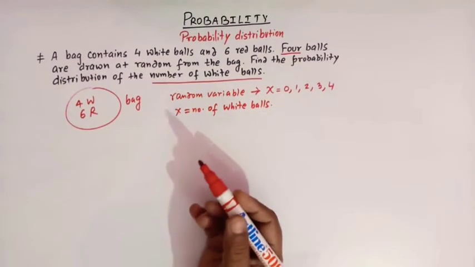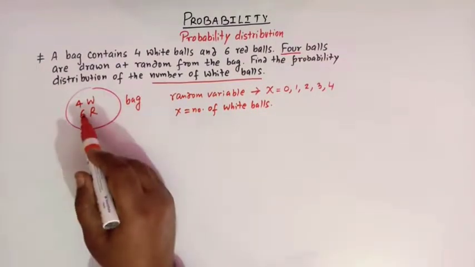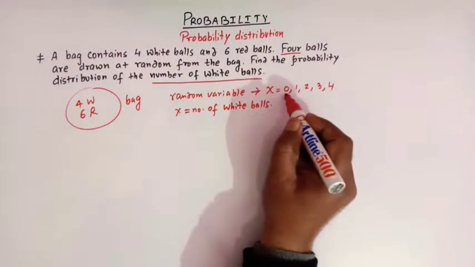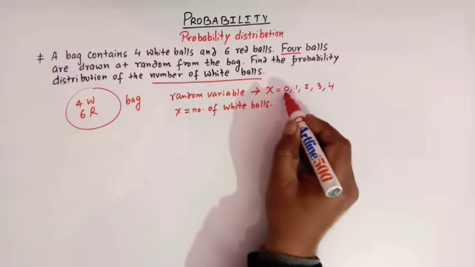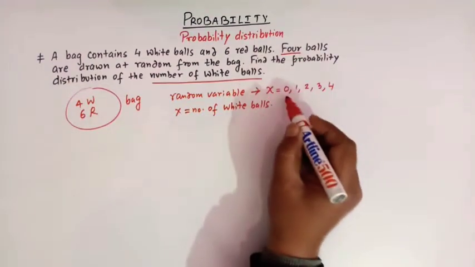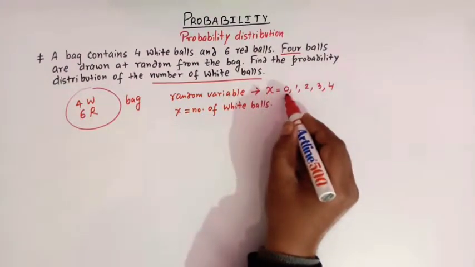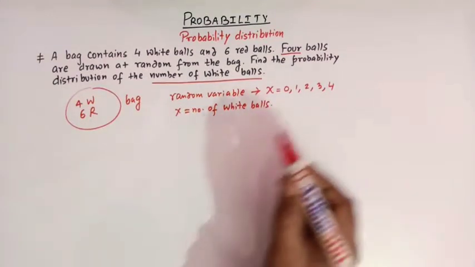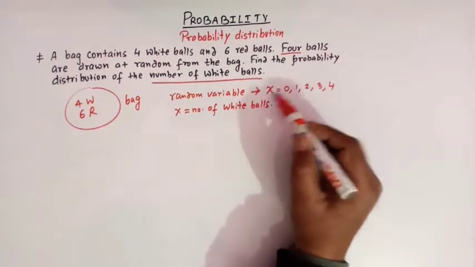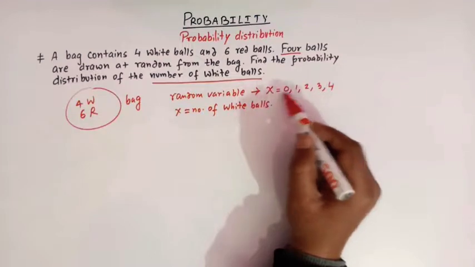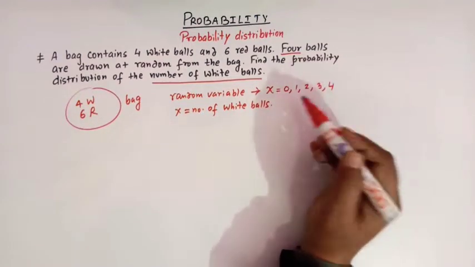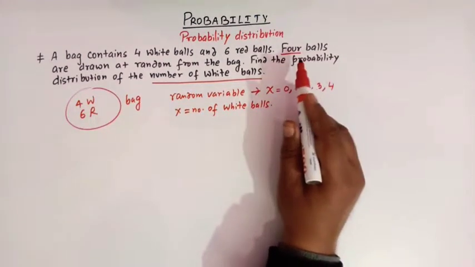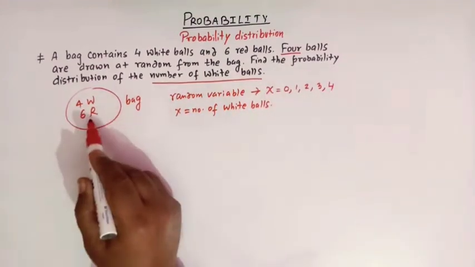So when we draw 4 balls from the bag, we may have none of the balls white. When none of the 4 balls are white, then x will take the value 0. When x takes the value 1, it means we have 1 white ball and 3 red balls.